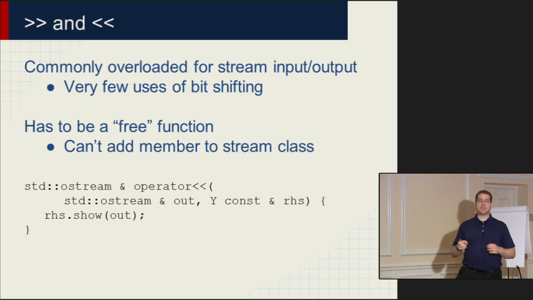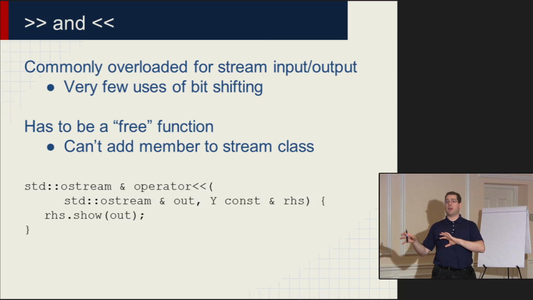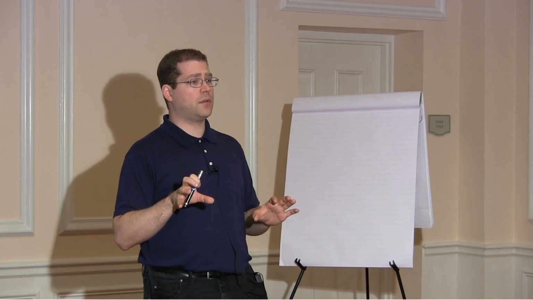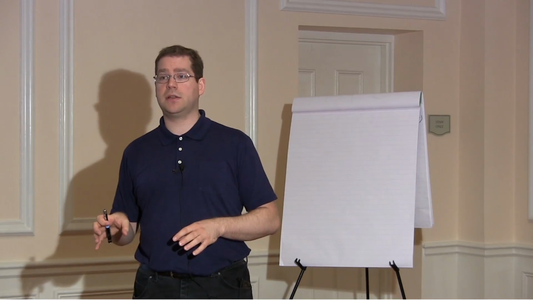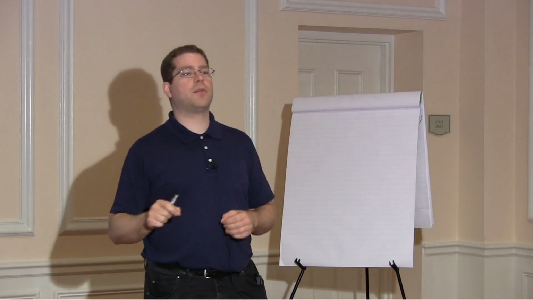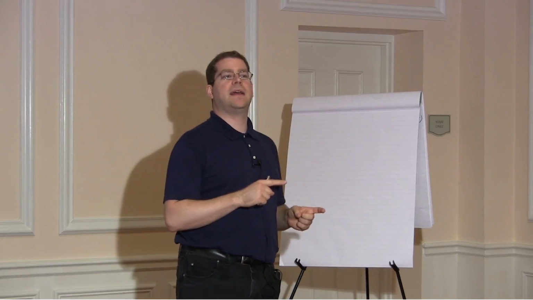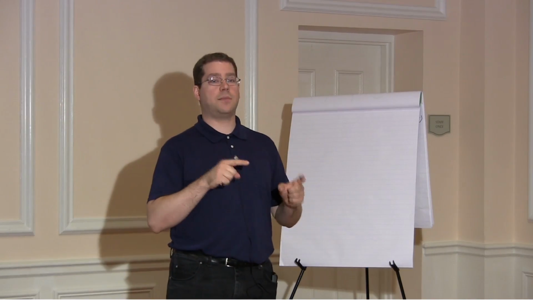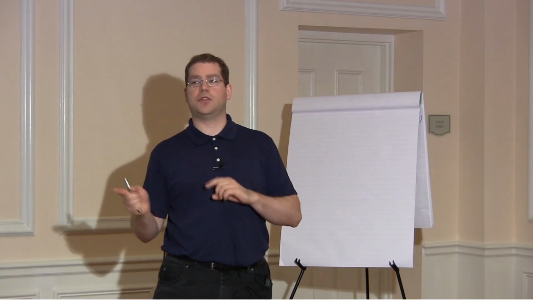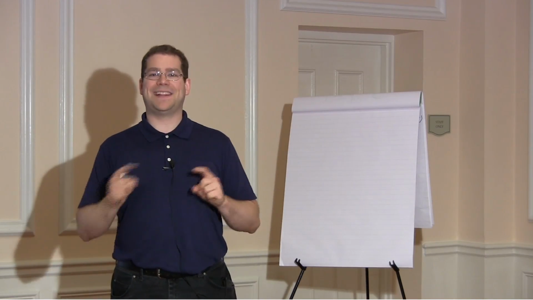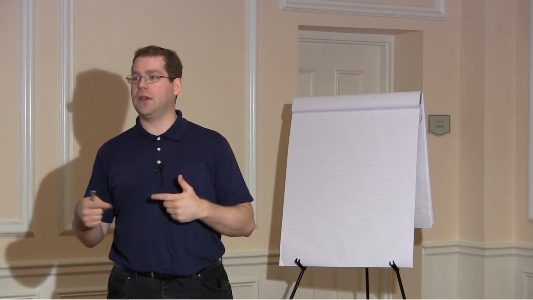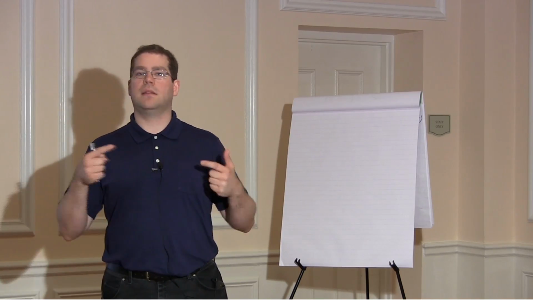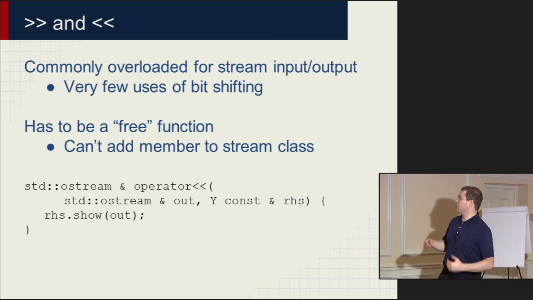And one of the limitations, of course, is I mentioned that there's the two different forms of operator overloading. So you can either have it be a free function or a member function. So one of the limitations of the member function is the left-hand side has to be the object of which it's a member. And since when you're doing output to a stream, the left-hand side is always the stream, since we can't add any methods to the stream, the shift operator has to be overloaded as a free function.